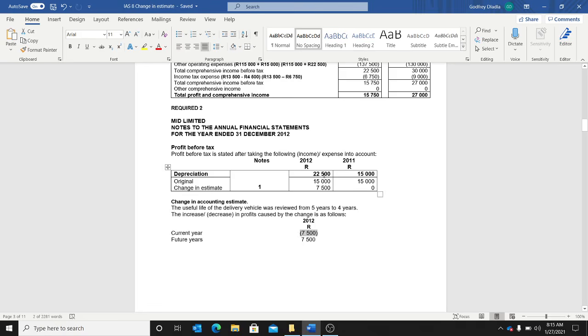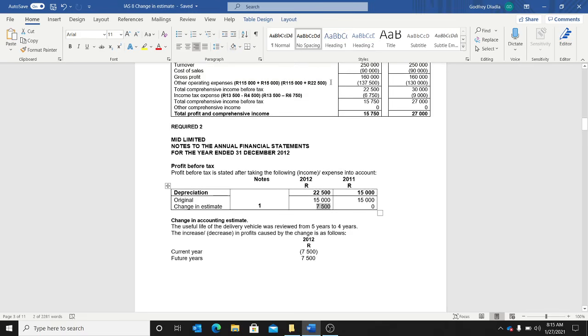Yes, it's true, because the expense called depreciation, this amount here, is above the original amount by 7.5. So our expenses have increased by 7.5 compared to the prior year. In the prior year, we put 15, but now our expense of depreciation has gone to 22.5.